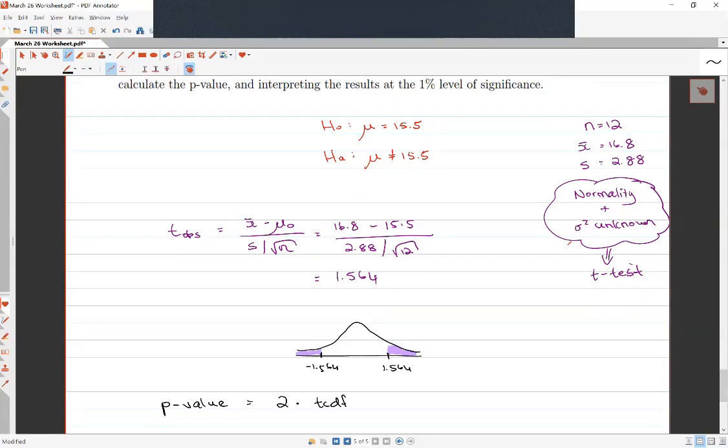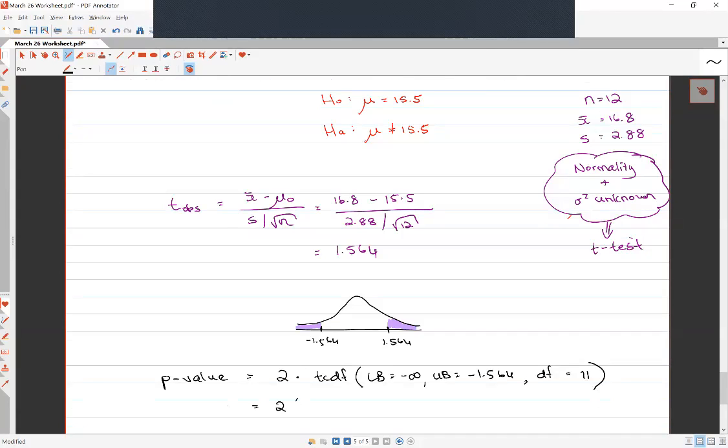Because of the symmetry of the t-distribution, which it has in common with the normal, you only have to calculate it on one side of the curve and then multiply by 2. So I'm calculating the shaded area on the left, which means lower bound negative infinity, upper bound negative 1.564. And remember, degrees of freedom will be sample size minus 1, so 11 degrees of freedom here.